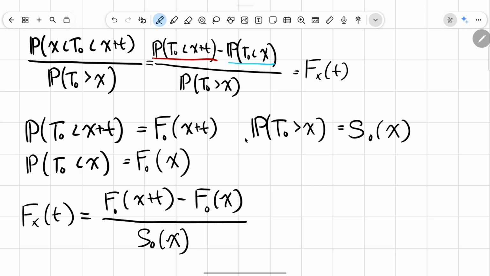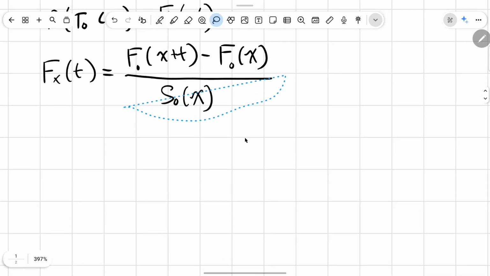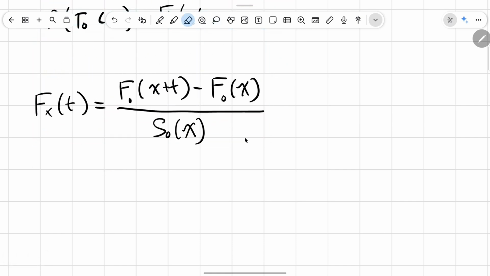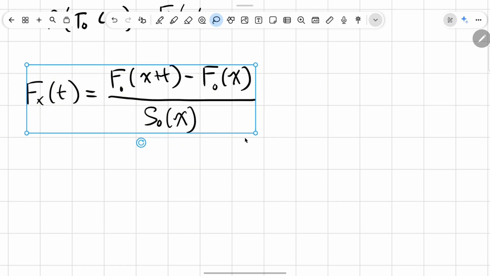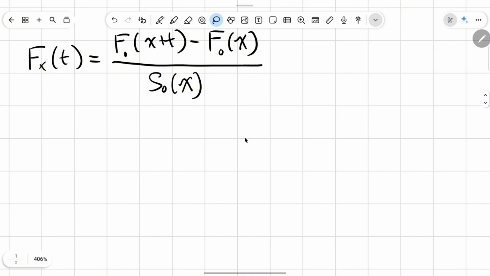Now we've established a new property regarding Fx of t. So now Fx of t is just F0 of x plus t minus F0 of x, all over S0 of x.